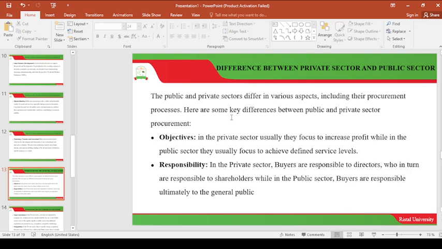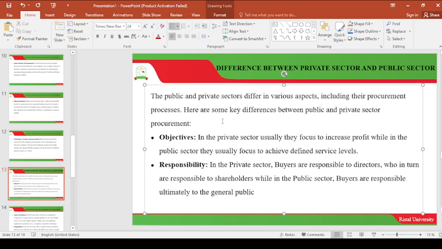One, talk about the objectives. In the private sector, usually they focus to increase profit, while in the public sector, they usually focus to achieve defined service levels.